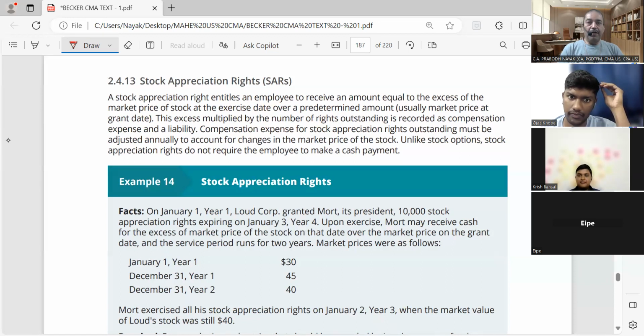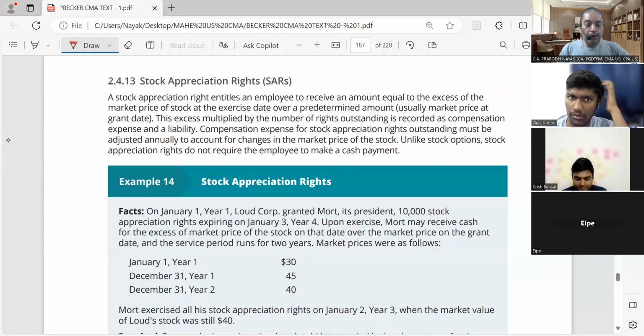In stock appreciation rights, you are not getting any shares, but you are going to get the difference between the market price of the share and the exercise price. Whatever appreciation has taken place in the value of the stock, that difference will be given in cash.